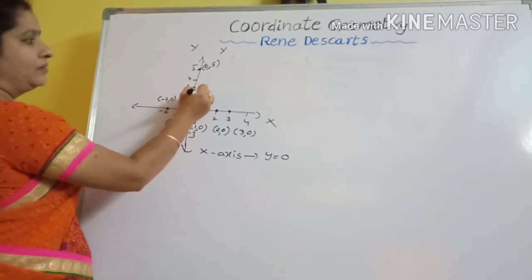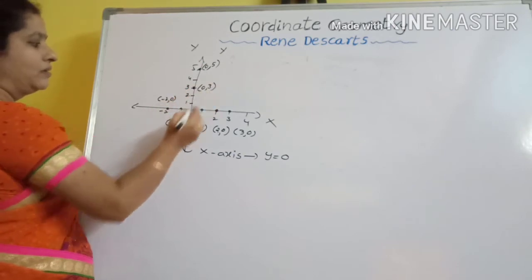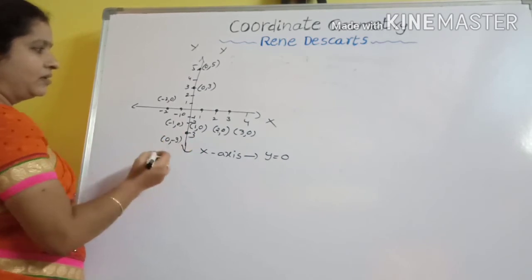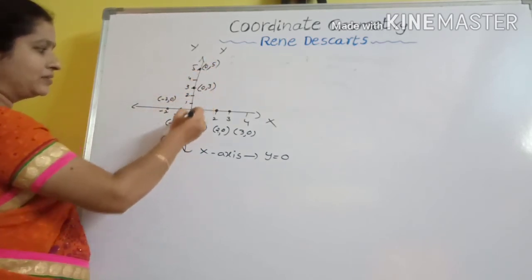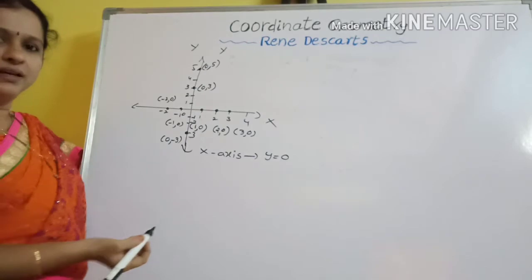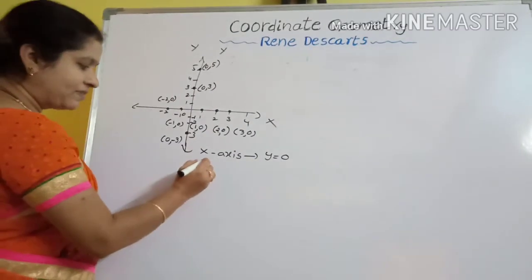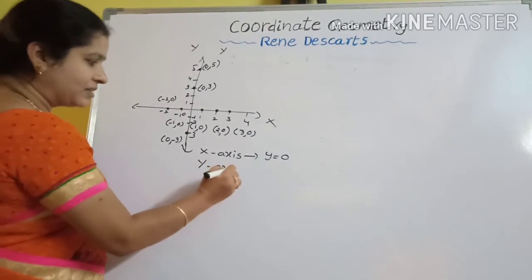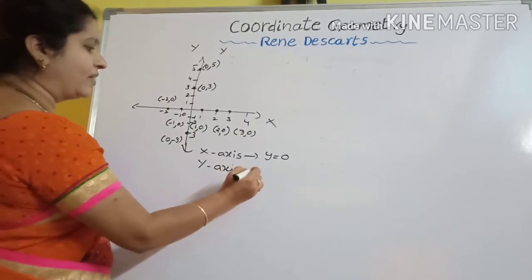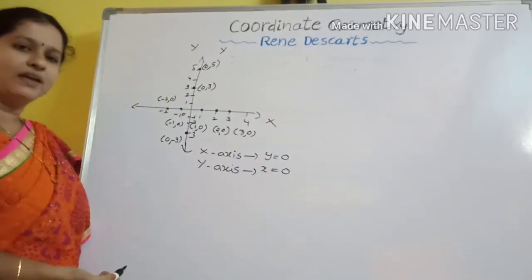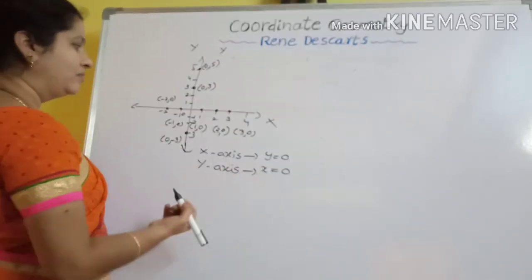Here the point 0, 3. If we take points on the y-axis, the x coordinate values are 0. That's why the equation of the y-axis is x equal to 0.